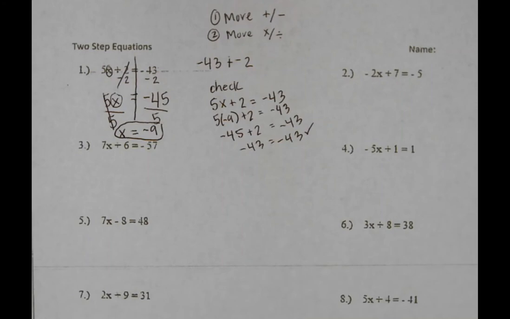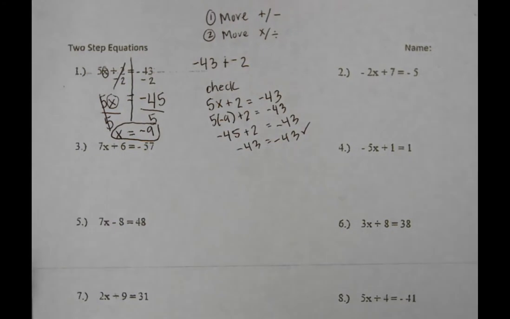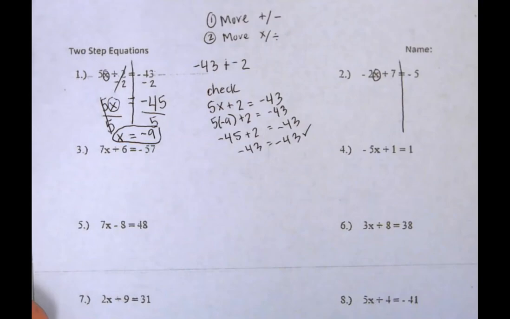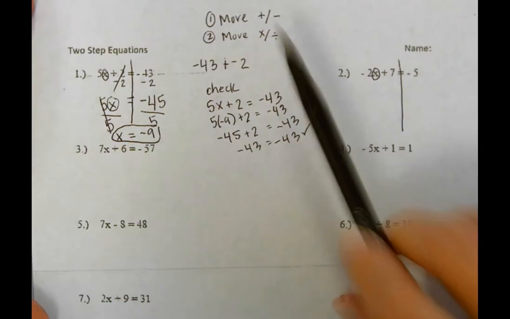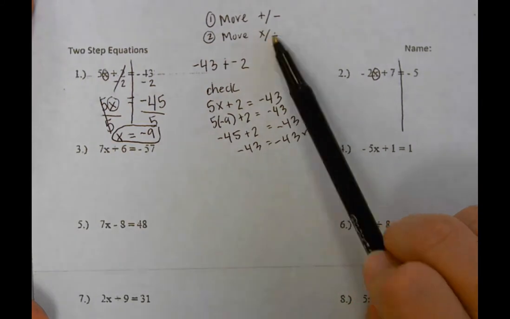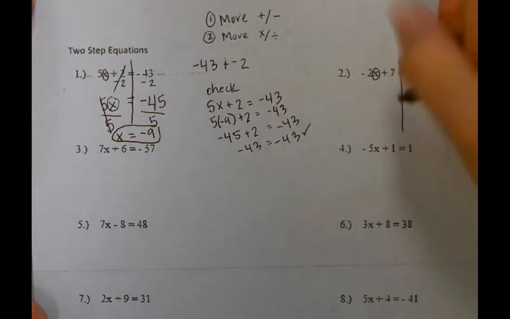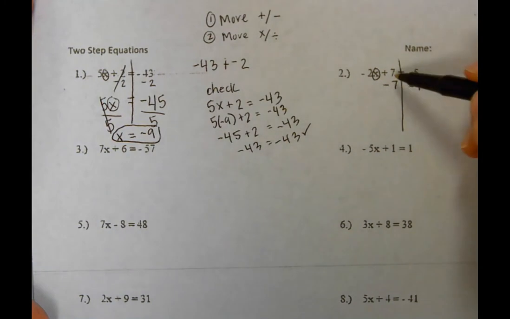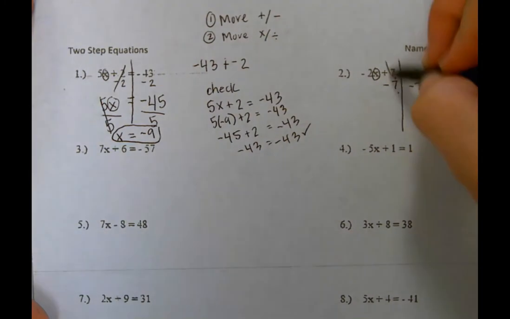All right, so if we look at number 2, I'm going to draw my fence and circle the x that I'm solving for. Remember, I'm going to move any addition and subtraction first. So to get rid of plus 7, I'm going to subtract 7 from both sides. Positive 7 and negative 7 are going to cancel on this side.